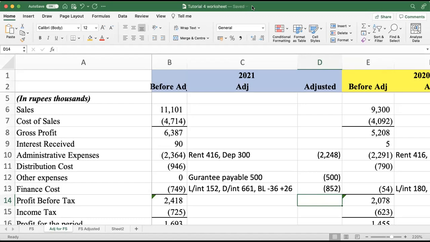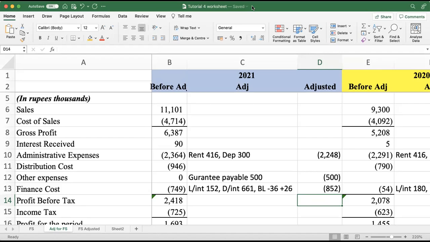So you have guaranteed another company's loans. Now that company is unable to repay the loan. Then you are liable to repay the loan. So ABC company is unable to repay the loan. As a result, you are liable to repay the loan.